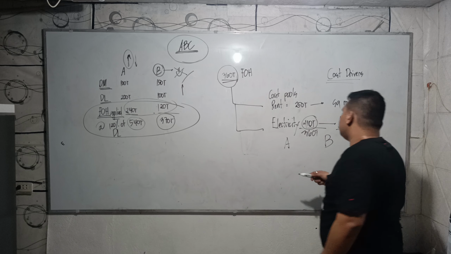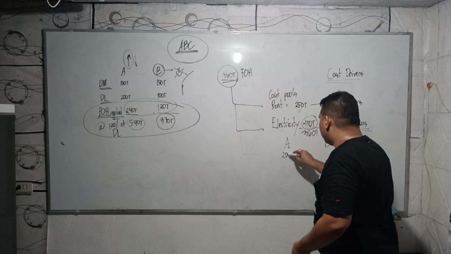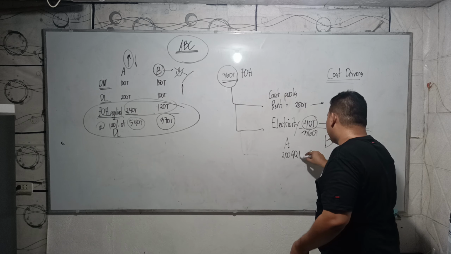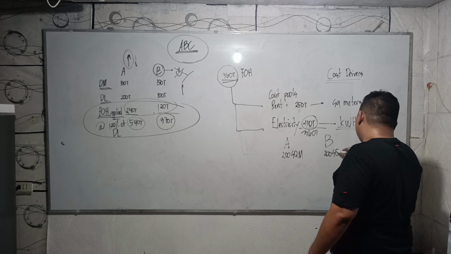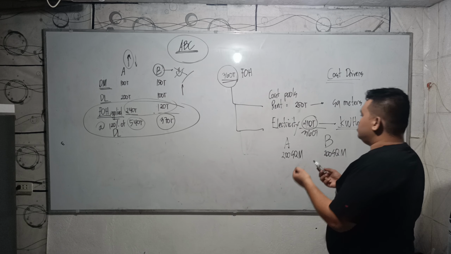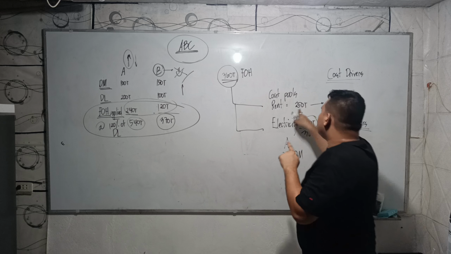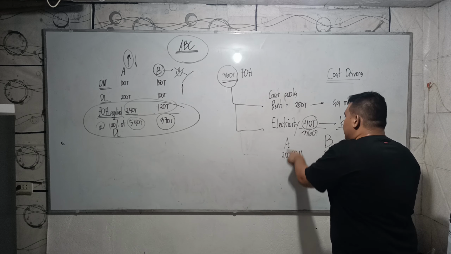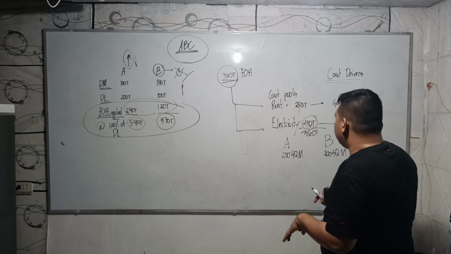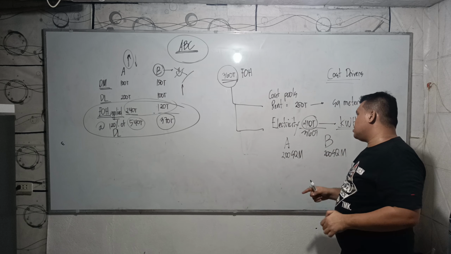So that means if this is 400 square meters, 200 square meters is occupied by A, and 200 square meters is occupied by B. Okay? So supposedly, logically speaking, the rent of 250,000 should be divided equally by both product A and product B.